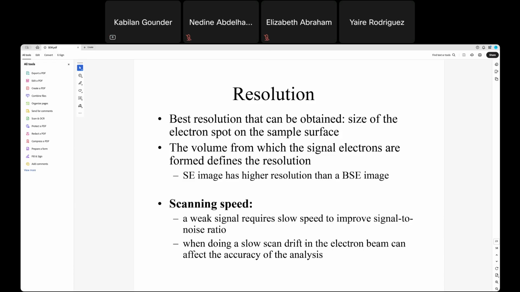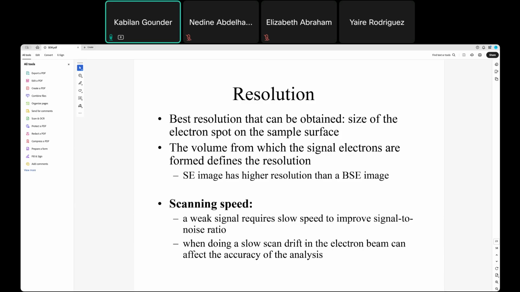If you increase the spot size, it covers more area but disperses the electrons, so the resolution will be reduced. If the spot size is reduced to a small area, then you will get more resolution. The volume from which the signal electrons are formed defines the resolution.